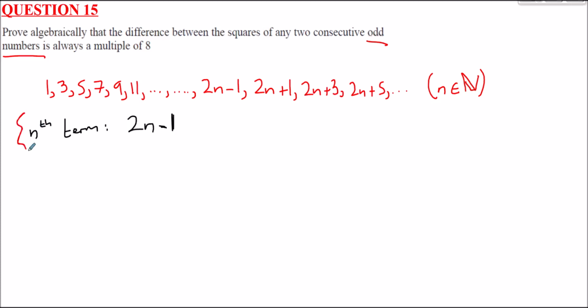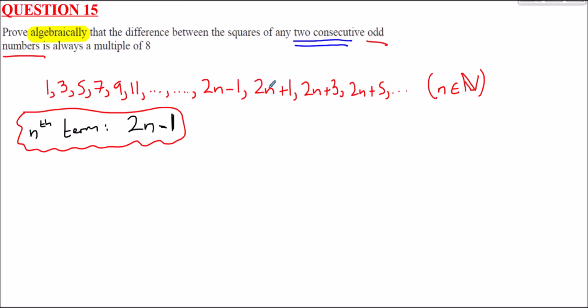So we can now choose what we want. Because we need to prove algebraically, we need to pick 2 algebraic representatives for 2 consecutive odd numbers. Now, I would suggest that positive numbers are easier to deal with, so I'm going to ignore the 2n minus 1.